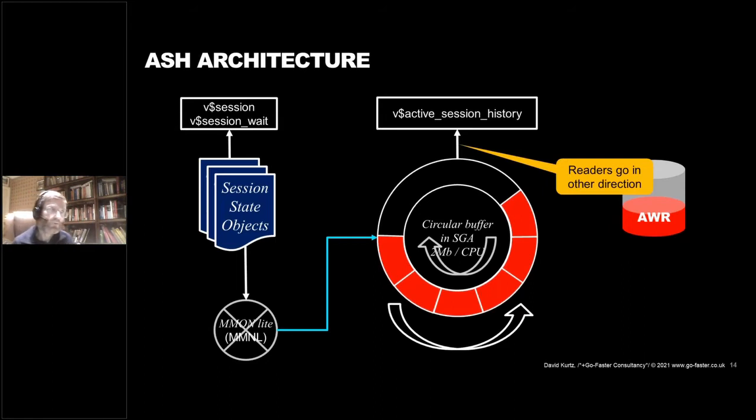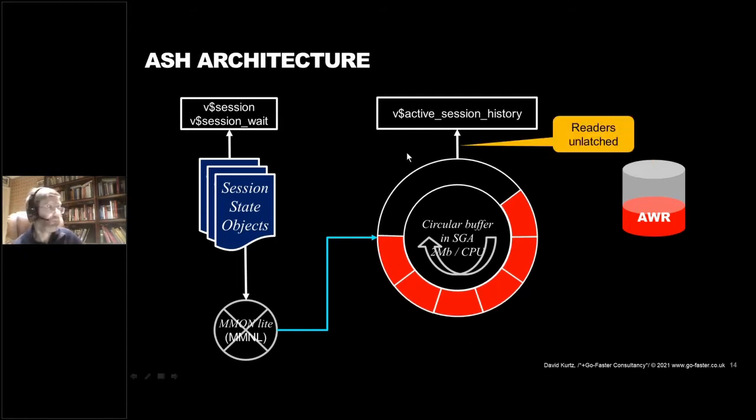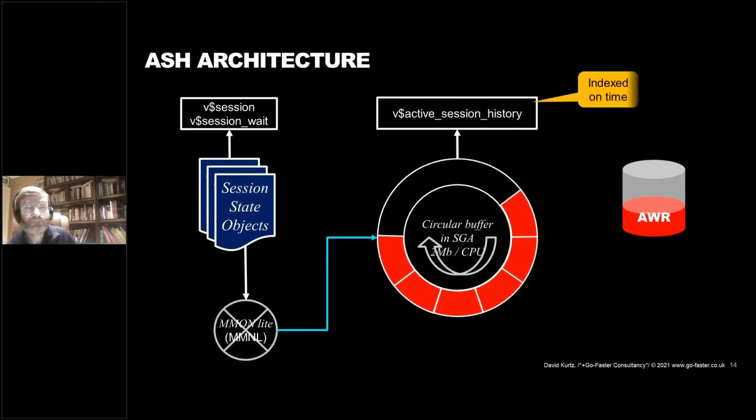So you always get the most recent ASH data first in your queries. And these readers are unlatched, so they don't block any of the other processes. This view is indexed on time, basically in descending order of the sample time.